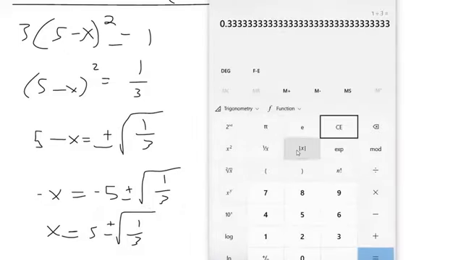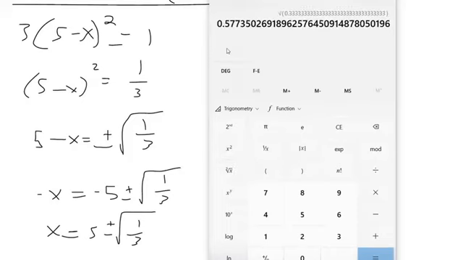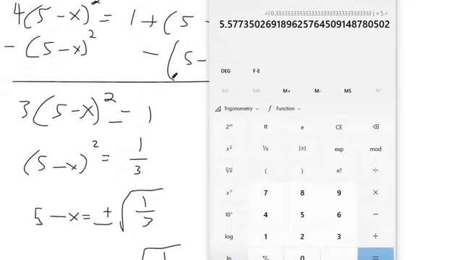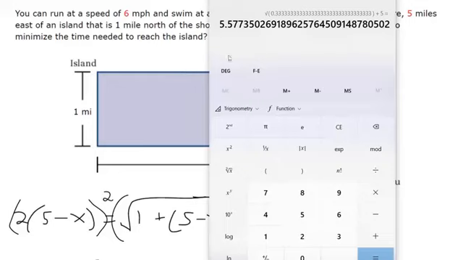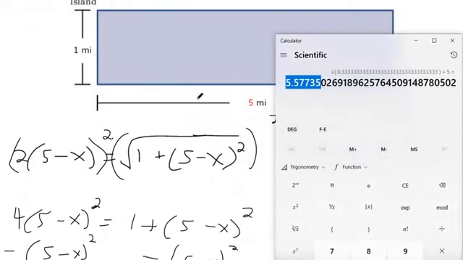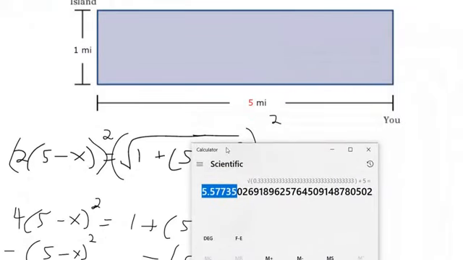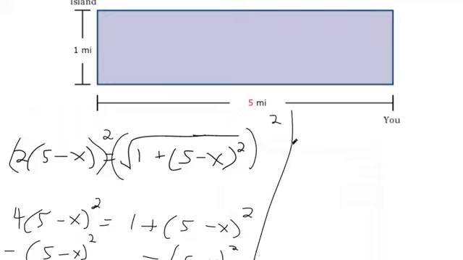So 1/3, if I square root that and add that to 5, here's one of my decimal answers. I want to go back and plug this into the original function, which I've since deleted, but you probably have on your paper. I think I remember we're trying to maximize t of x, so I'm trying to maximize the time function. So if I plug that in, I gotta write it out.